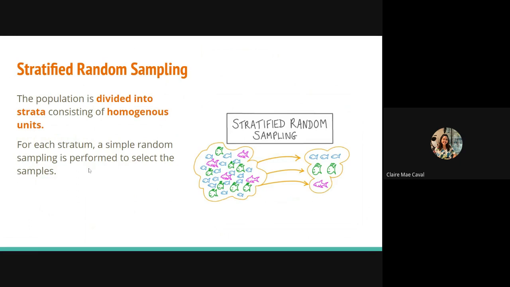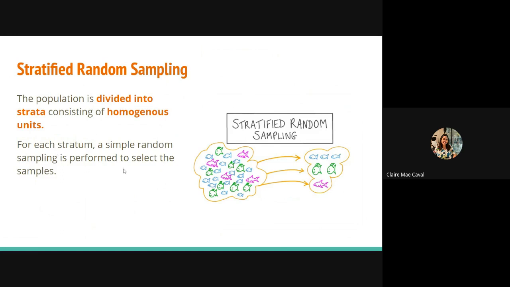Okay. For each stratum, a simple random sampling is performed to select the samples. So in here, in each stratum, this is stratum 1, stratum 2, stratum 3, nagpe-perform pa ng simple random sampling within this one stratum. Okay? So did you understand, class?